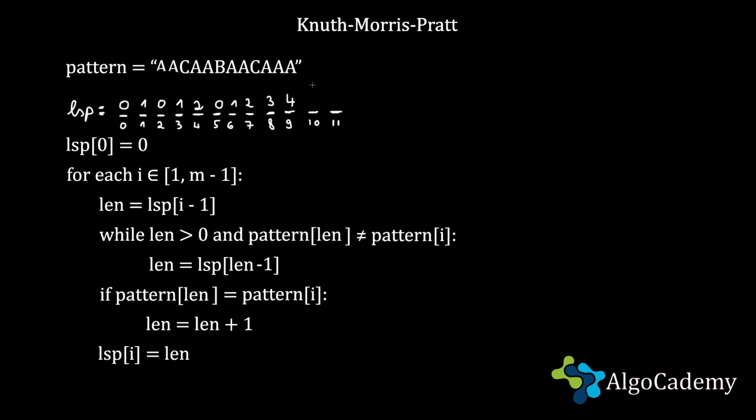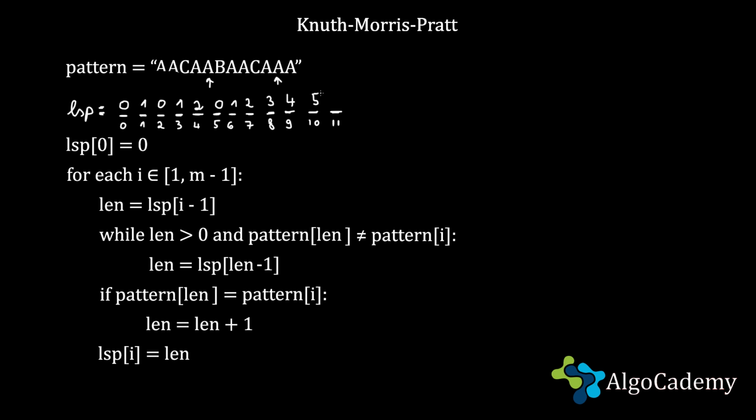And I move on, and I want to compute the next LSP, which is here. Len is equal to 4 initially. 4 is greater than 0. Is pattern of 4, 0, 1, 2, 3, 4, this one, different than mine? No, it's not. Awesome. They are equal. I can extend even one more time. So as you can see, AACAA is equal to AACAA.